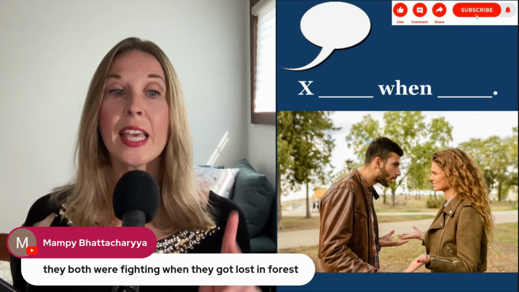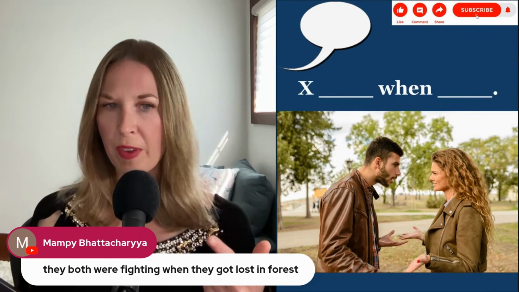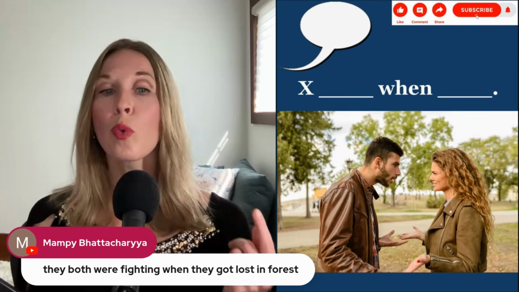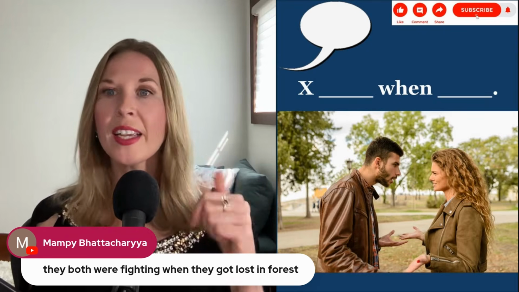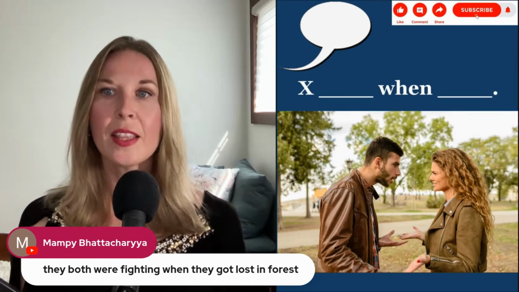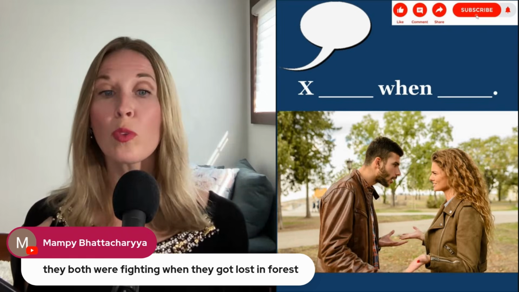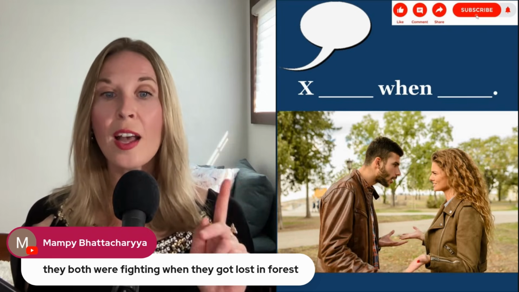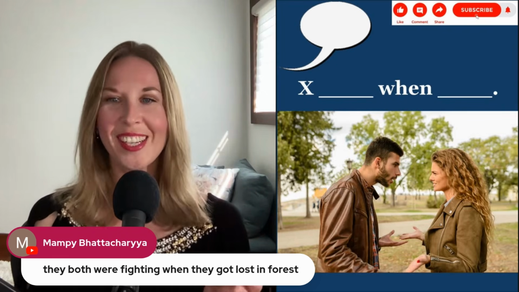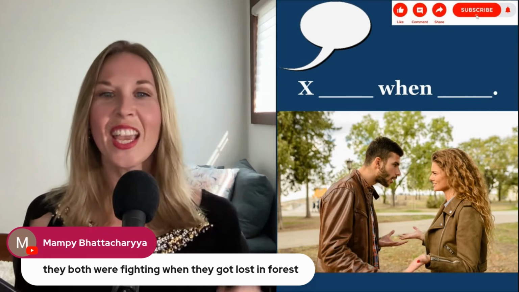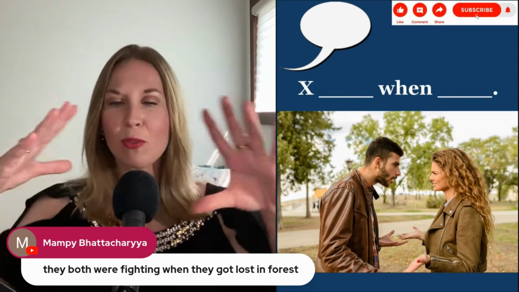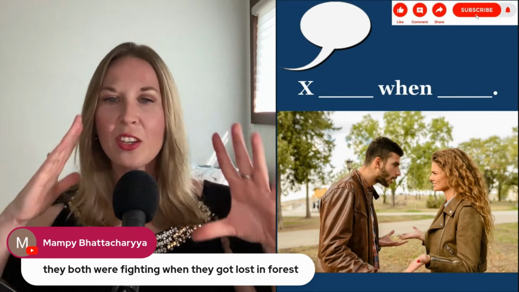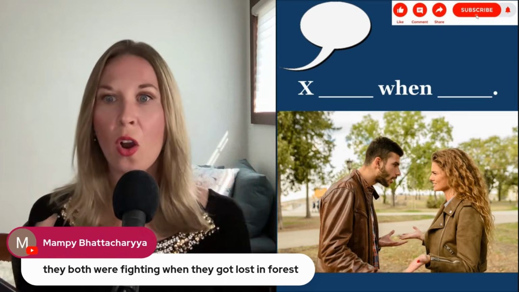Manfi said they both were fighting. They both were fighting. So to fight and then conjugated in the past continuous. They both were fighting when they got lost in forest. Exactly. They got lost. I love it because you looked at the scenery and you tried to imagine where they are. Very nice.